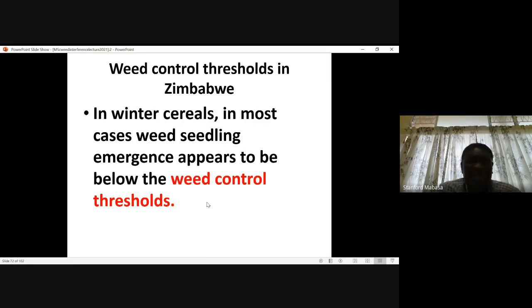Also, in winter cereals, in most cases, the weed seedling emergence appears to be below weed control thresholds, probably because of frost and the type of weeds which are now emerging in winter.